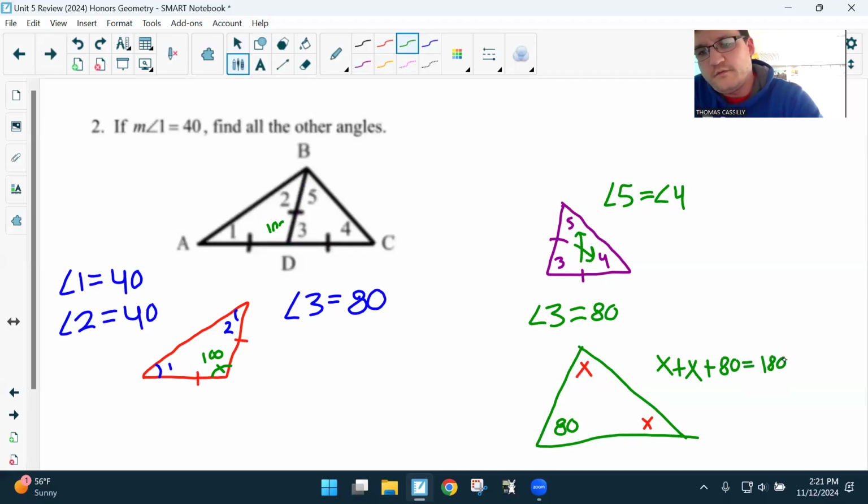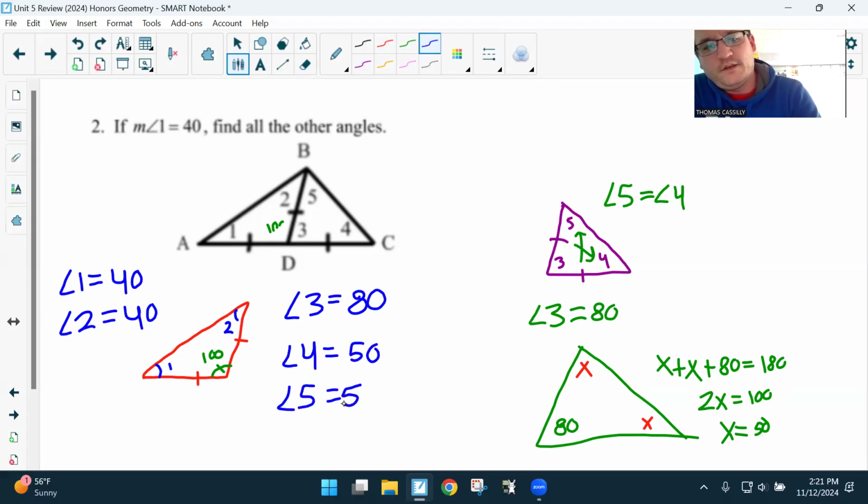Therefore, we can say 2x equals 100. And if 2x equals 100, then x is 50. So I know that angle 4 equals 50 degrees, and I know angle 5 equals 50 degrees. All right, so that was number 2. A little bit more involved on number 2 there.